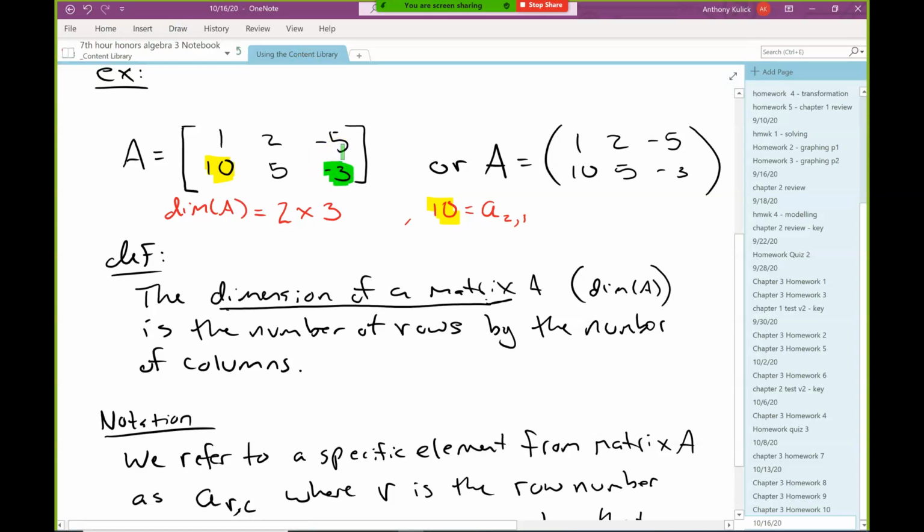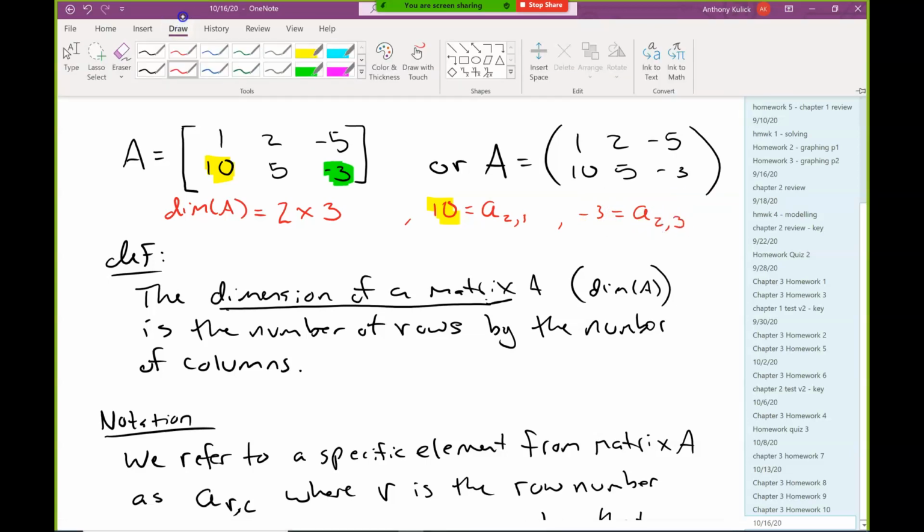What about -3? What is -3? Well, it's in the second row and the third column, so that would be A2,3.